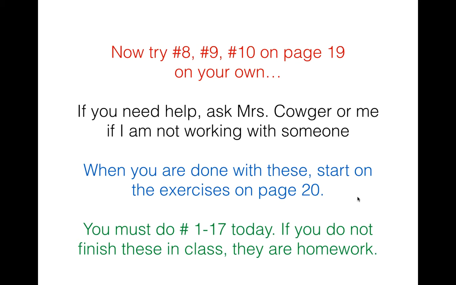So today you must do numbers 1 through 17. If you do not finish these in class, they are homework, because tomorrow we're going to start on the next part of these exercises. So complete 1 to 17 today. All right, that's about it. Get to work.